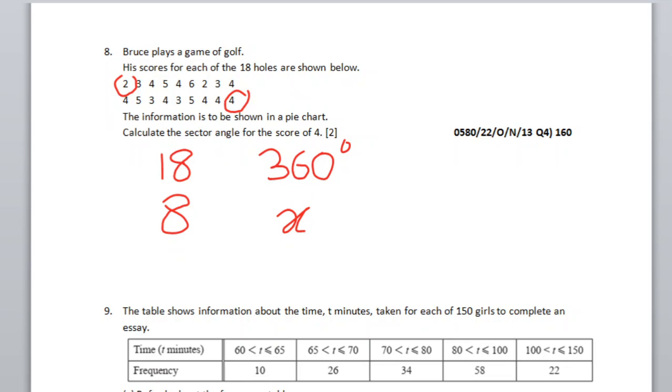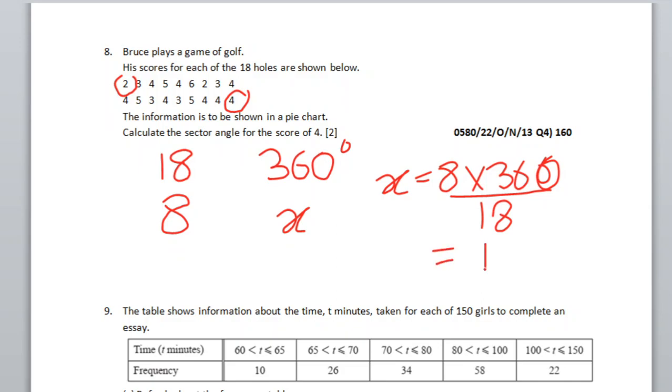For that, cross multiply. X will be 8 times 360 over 18, which gives us 160, which is the answer.